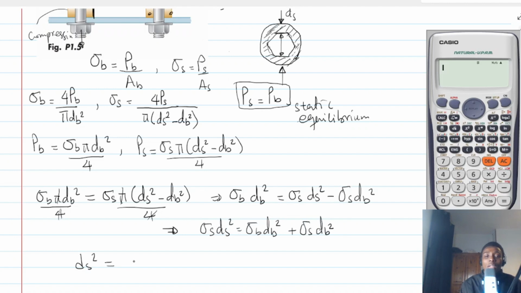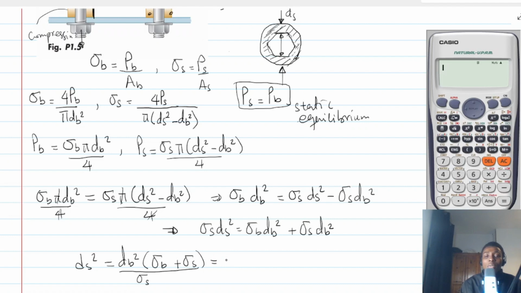Let me factorize this out. dS squared will be dB squared times sigma b plus sigma s, divided by sigma s. That is the expression to find the diameter of the spacer.